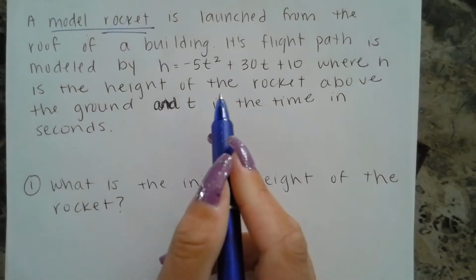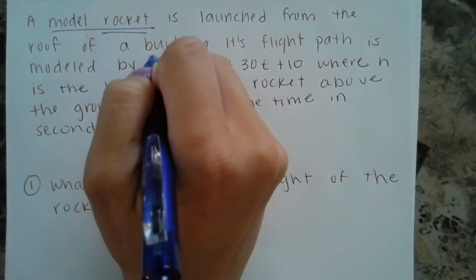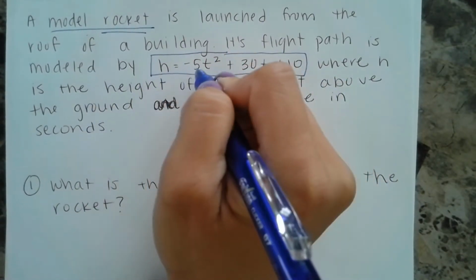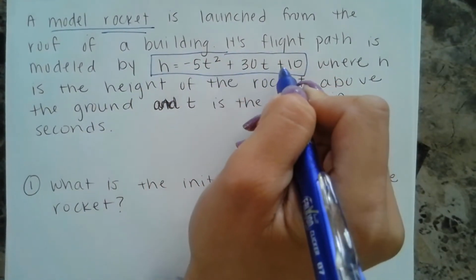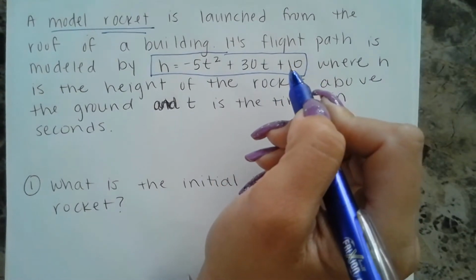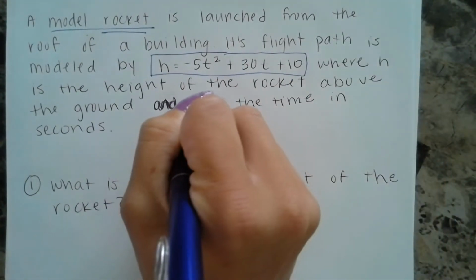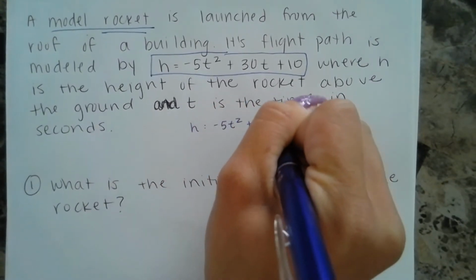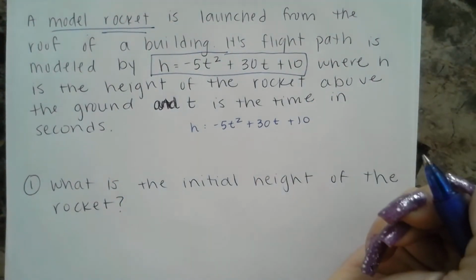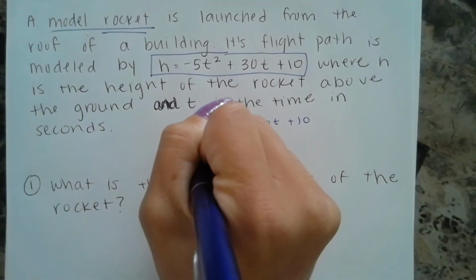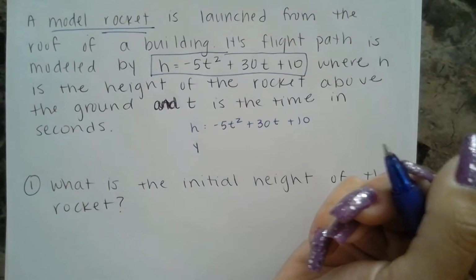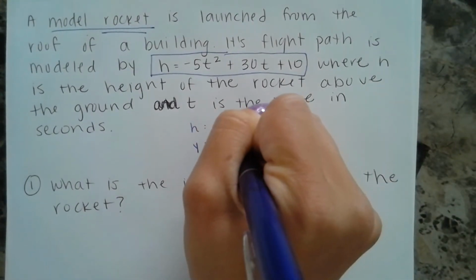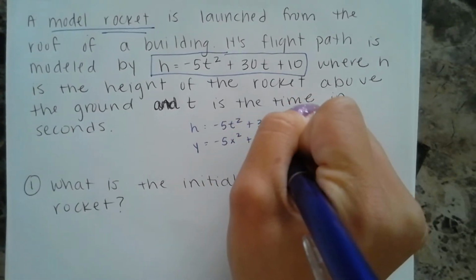What else is really important here is the actual equation: h equals -5t squared plus 30t plus 10. Let's rewrite it right here in this blank space. If we're ever confused, our h is like our y, -5t squared is like our x squared, and 30t is like our x.